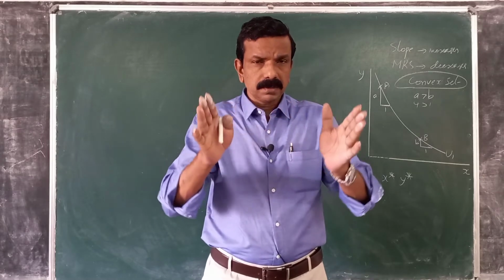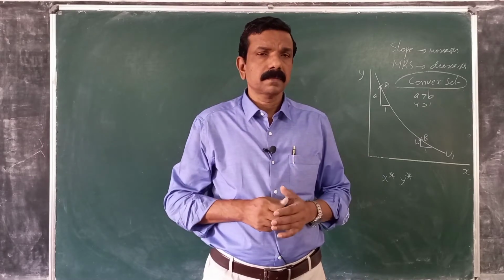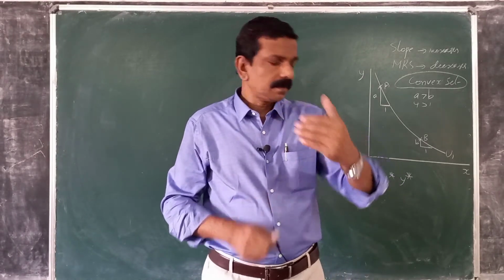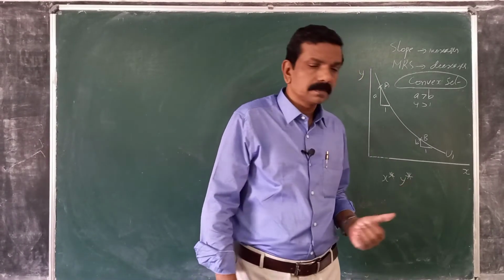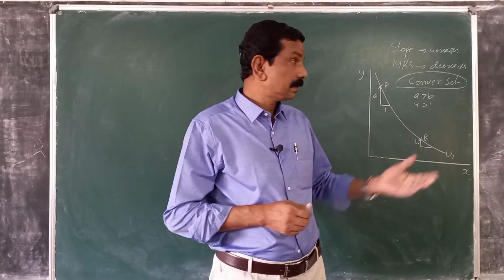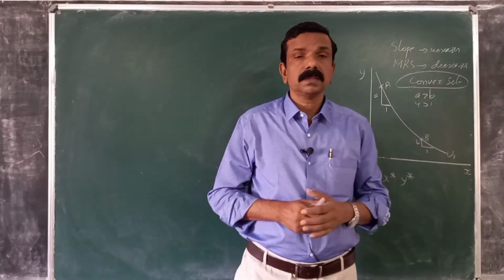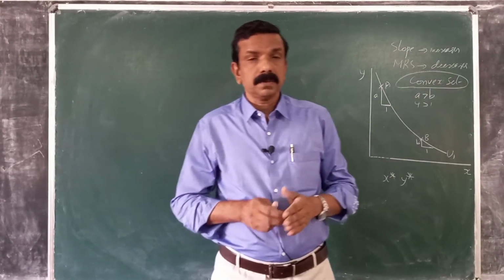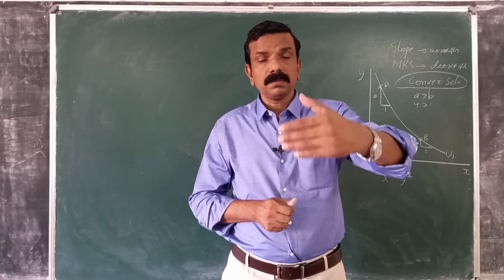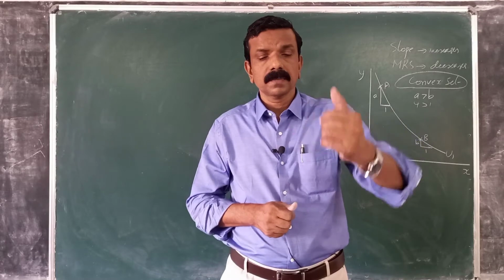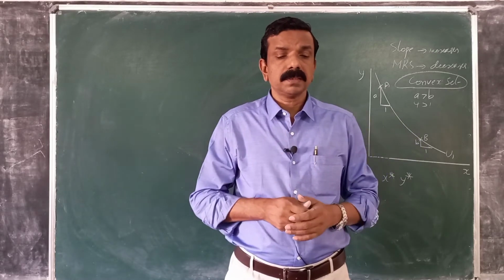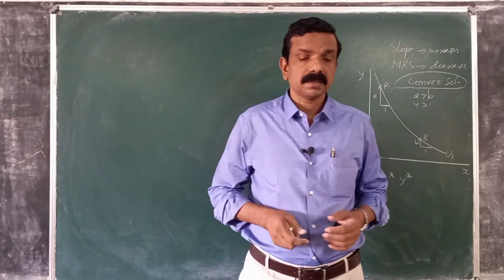And if all these combinations constitute a convex set, it is equivalent to diminishing MRS. So diminishing MRS is equivalent to the statement that all combinations of x and y that are preferred or indifferent to a particular combination form a convex set.